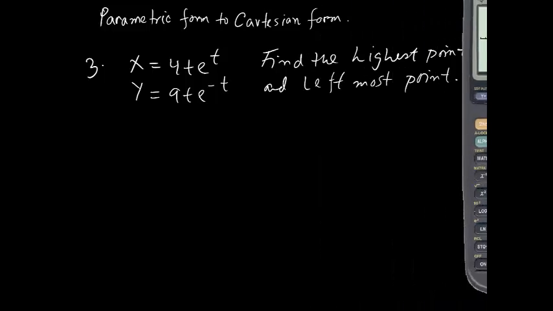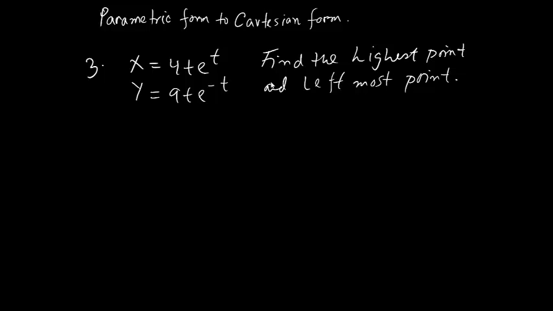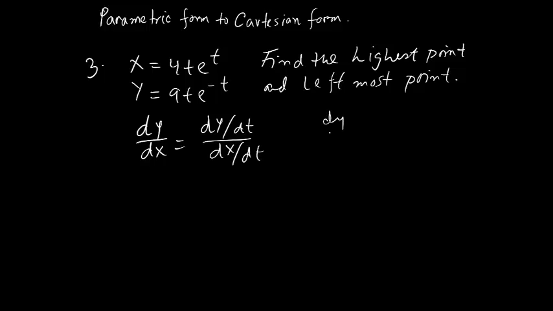All right. So we know now dy/dx, which is dy/dt over dx/dt, where dy/dt, from here, use the product rule. So you get 9e to the negative t minus 9t e to the negative t.